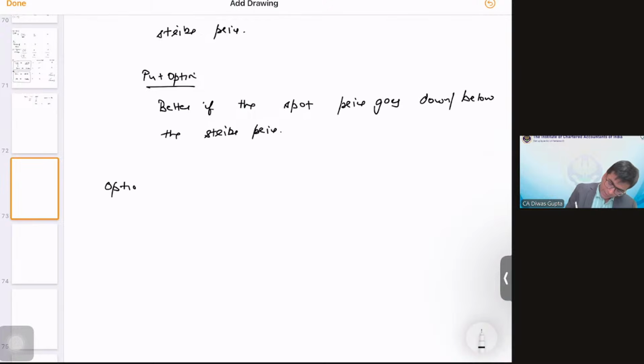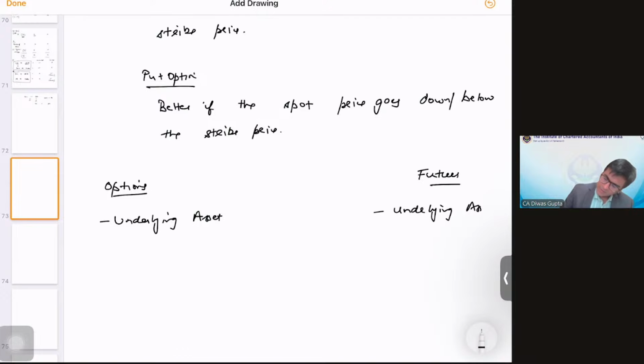Now, quickly, students, if we draw a parallel between options and futures, there is an underlying asset here as well. Correct? Is there a time limit? The answer is yes.